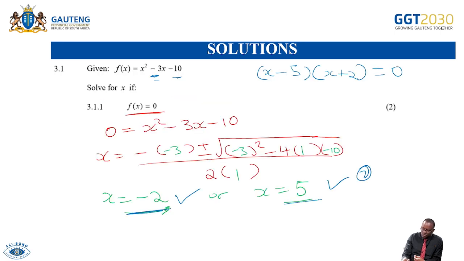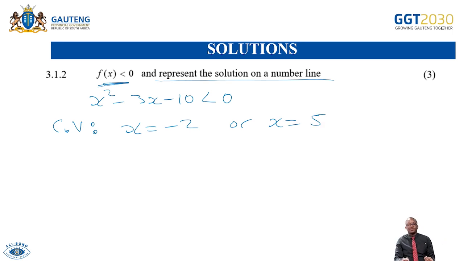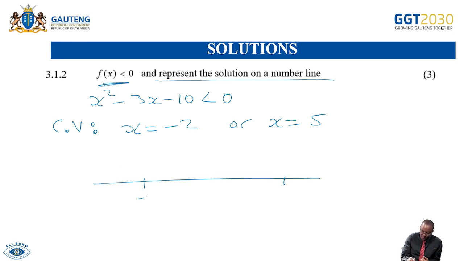Critical values are negative 2 and 5. So we know that x is equal to negative 2, or x is equal to 5. That's what we have solved from the previous question. Then from there we can now draw our number line, which is negative 2 and 5.